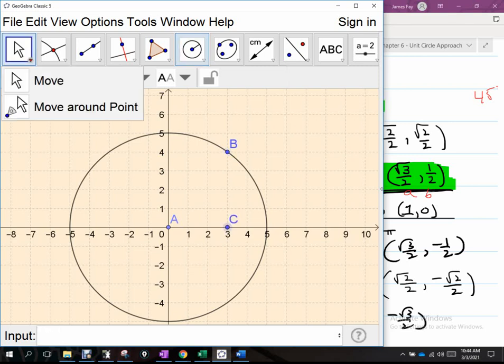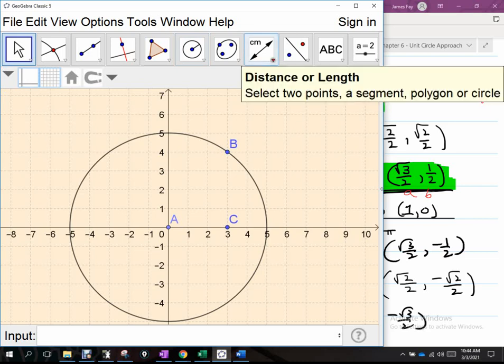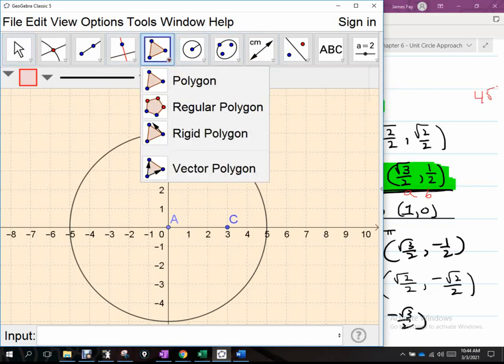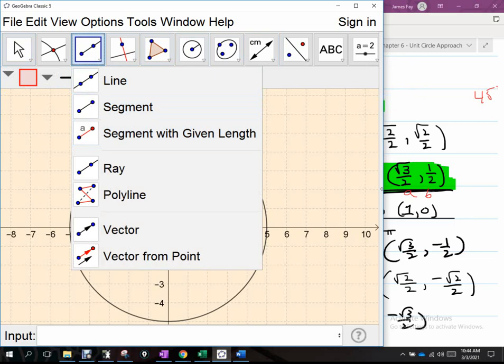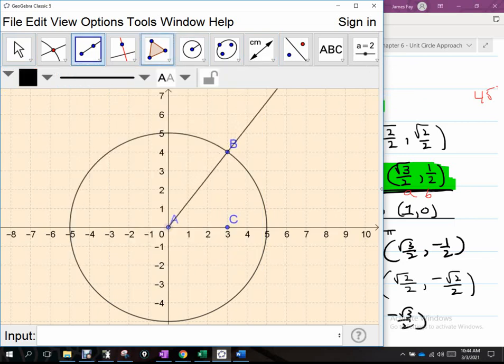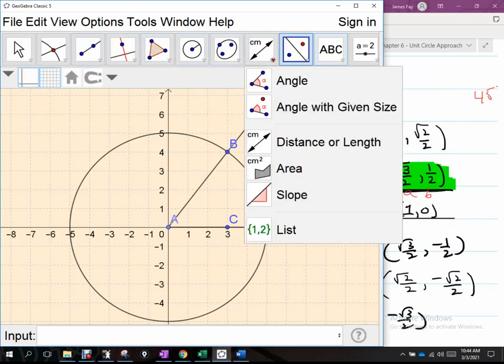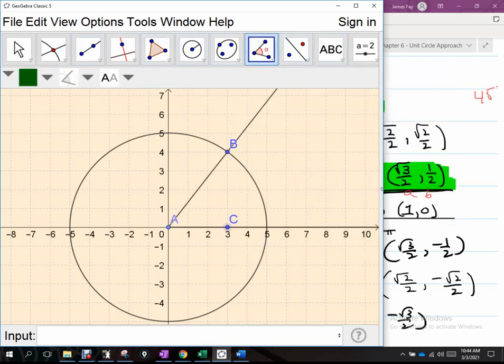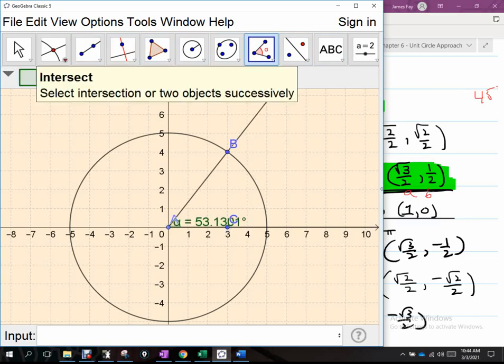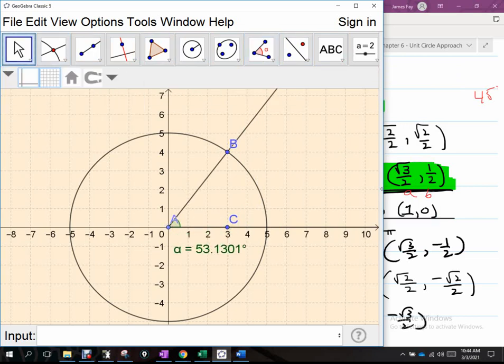Okay, do you guys remember saying, okay, if I look at this angle here that is created from standard position, that angle, it's like 53 degrees here, I think, 53.1301 degrees. If I asked you what the sine of that angle was, okay?